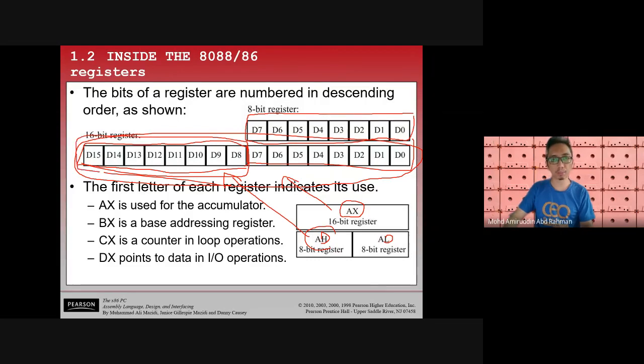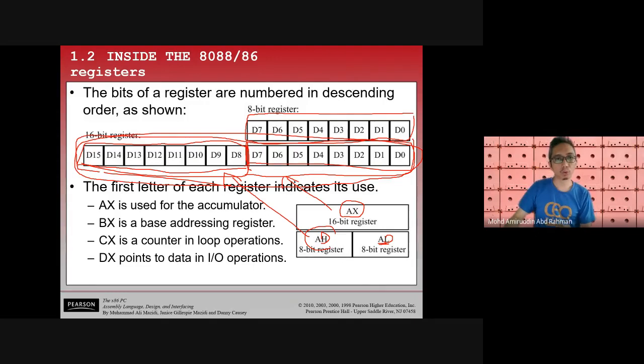For the lower, the AL, L is the lower-bit indicator and H is the higher-bit indicator. So we take only up to D7, the 8 bits at the lower end of the register.